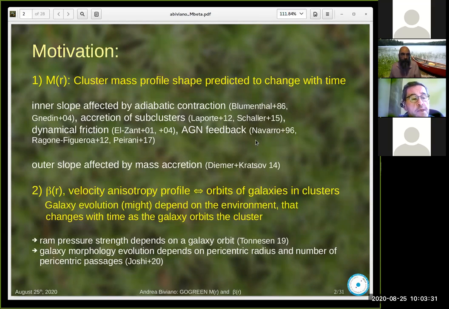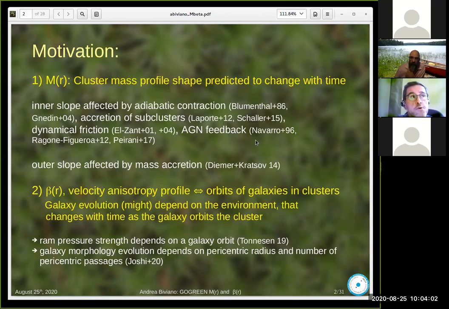And the second thing, the velocity anisotropy profile, which I call beta of R here, following the tradition of Binney and Tremaine. This is related to how the galaxies orbit in the clusters. And this is presumably related to galaxy evolution, because if galaxies evolve in relation to the environment, the environment changes as the galaxy moves along its orbit.